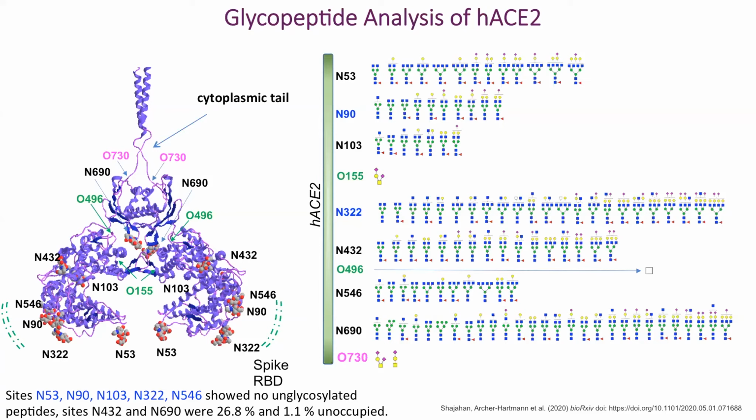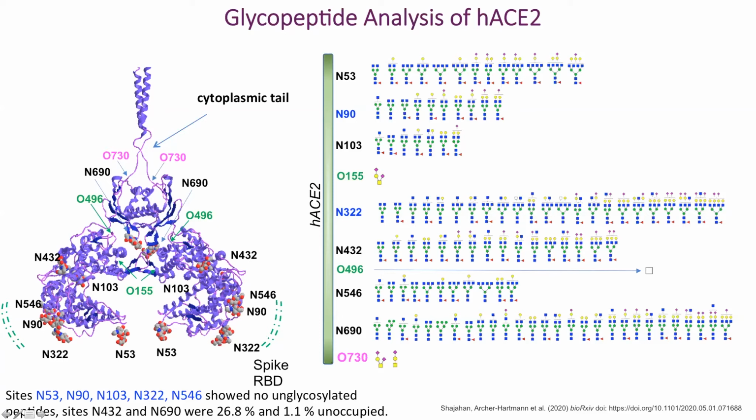The sites N53, N90, N103, N322, and N546 showed no unglycosylation, so they were fully glycosylated. Whereas the sites N432 and N690 were 26% and 1% unoccupied.